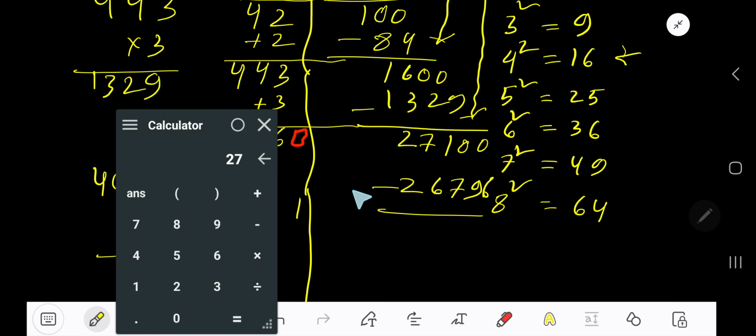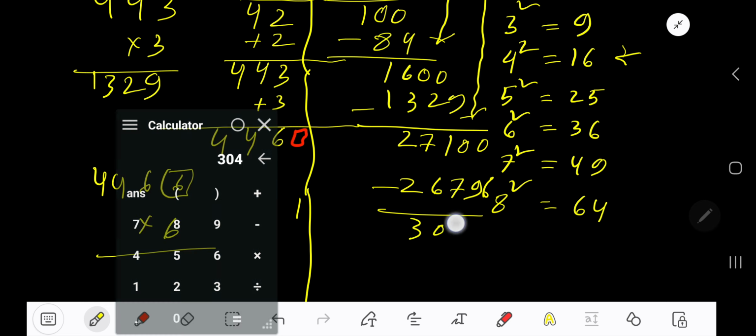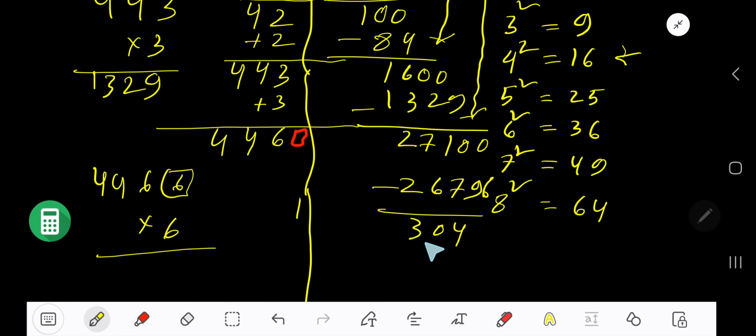Now subtract. 27100 minus 26796 gives 304. Since 304 is less than this number, our guessing 6 here is correct.